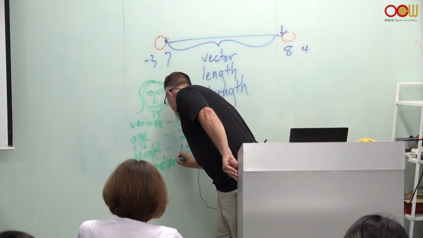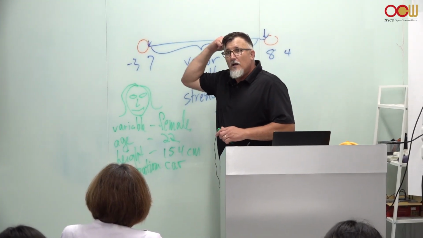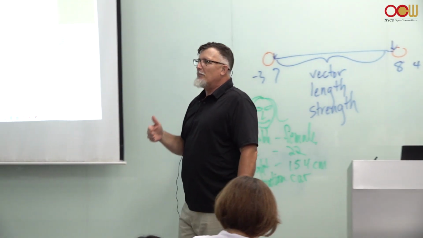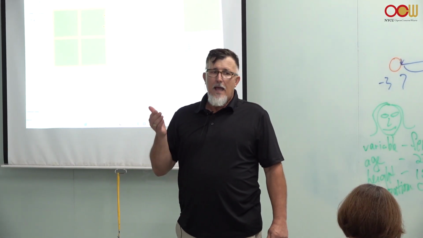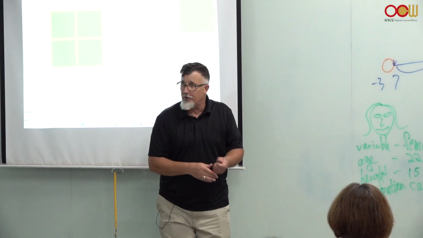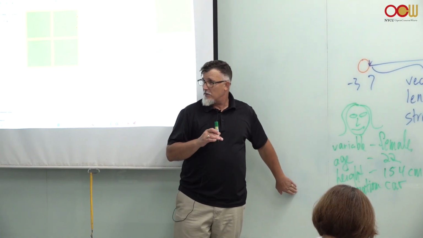Which means her job. Her job is to be a car, right? So all of those would be what we call in programming, properties. And all the agents that you have in your world are going to have a set of properties.